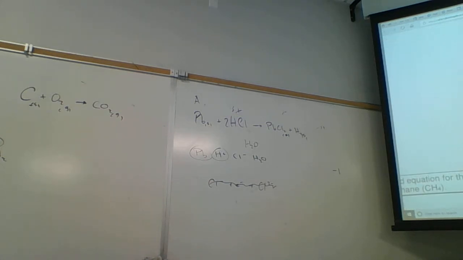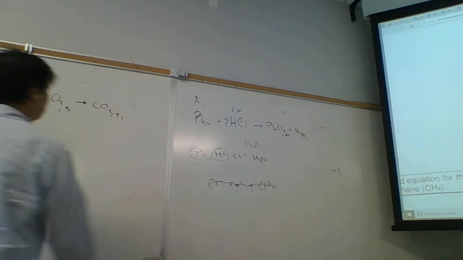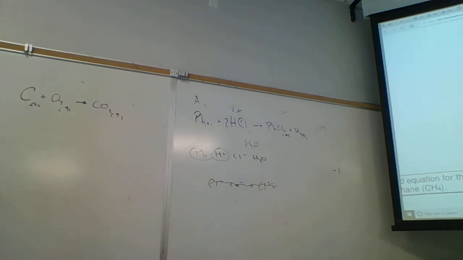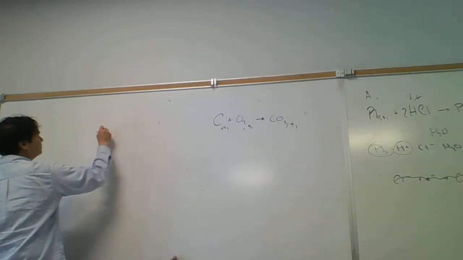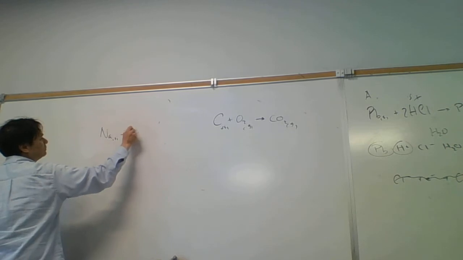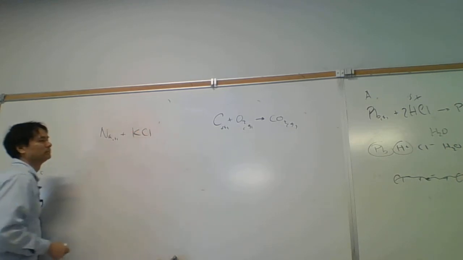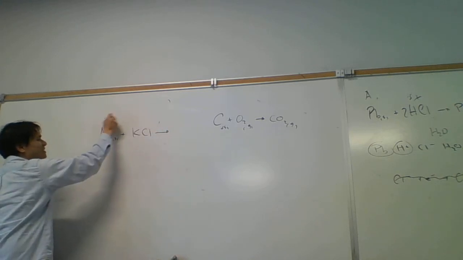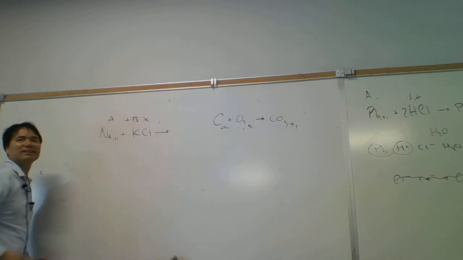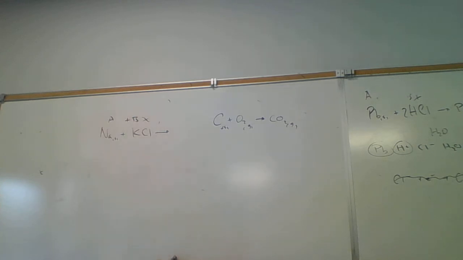B, sodium metal and aqueous potassium chloride. Hey, this is A plus BX. So what is A supposed to be? Reducer.